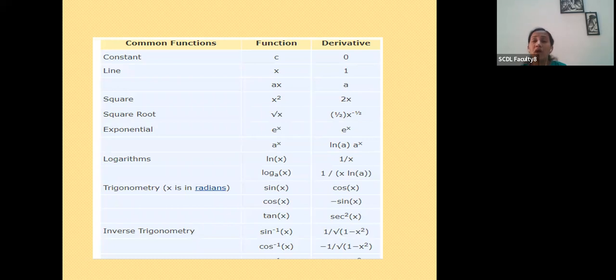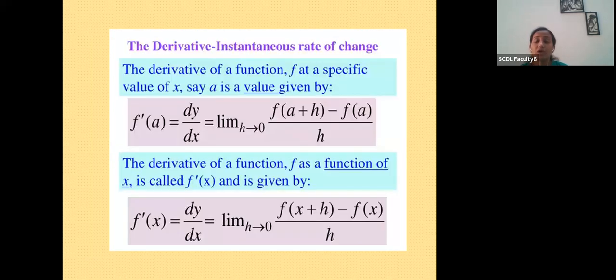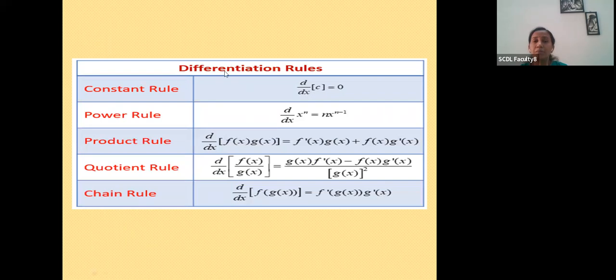In this we have to use the power rule. In this power rule, we write n first of all, and then we write n minus 1. The same thing we did in the example of functions and their derivatives.